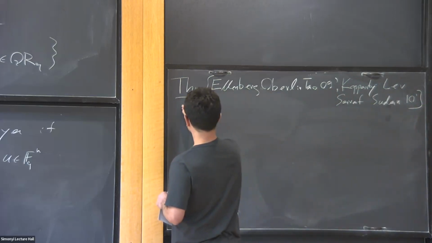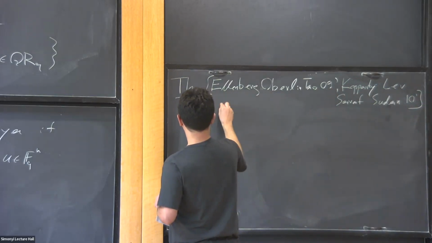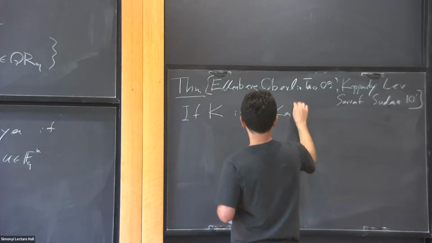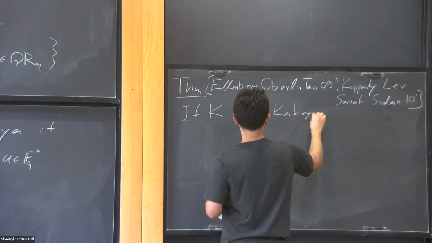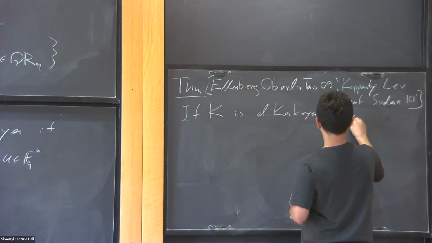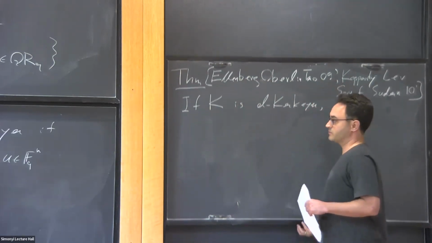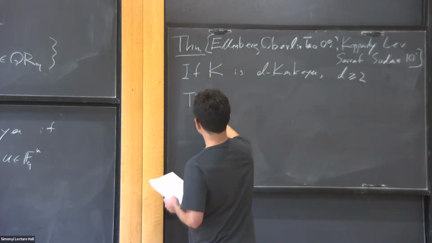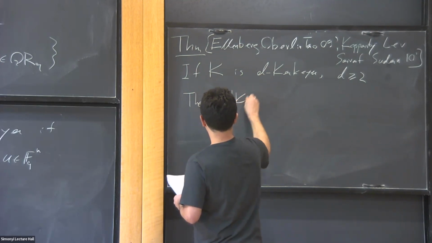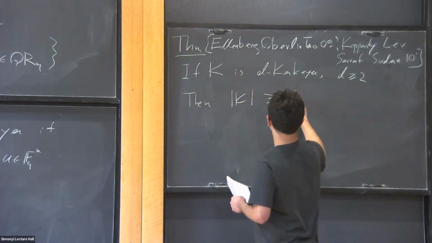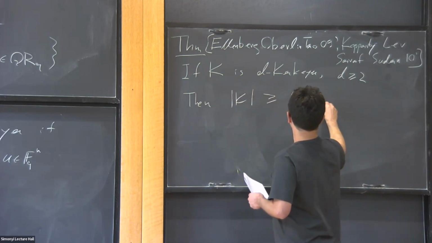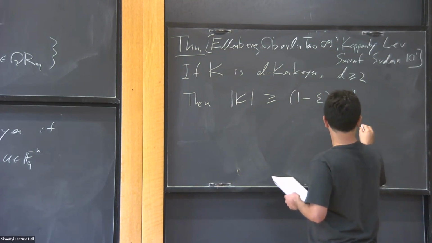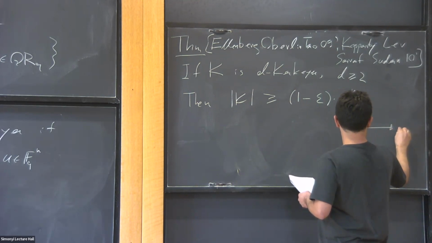That K is D. Yeah, and D is at least 2, and you get something quite different. Then K is at least 1 minus epsilon to the n, where epsilon goes to 0, where the field size grows.